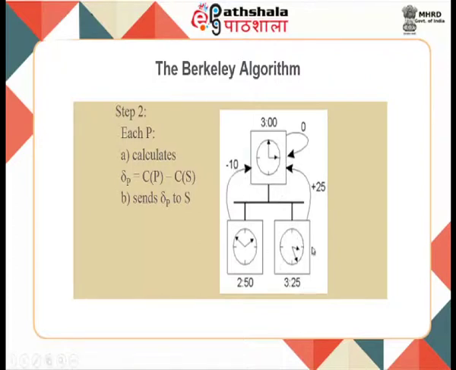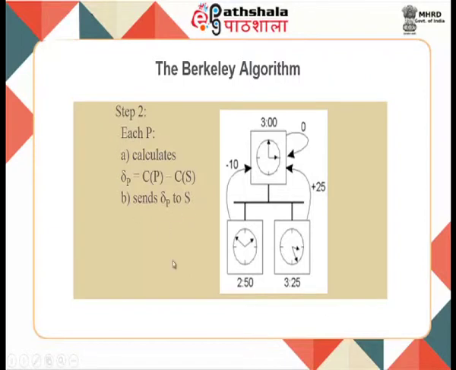This process, on the other hand, is actually at 3:25, and when it gets a value of 3, it sends back saying that I am ahead of you by 25 minutes, and this server is sending itself a value saying that I am in sync with your value. Obviously, it is the same server.